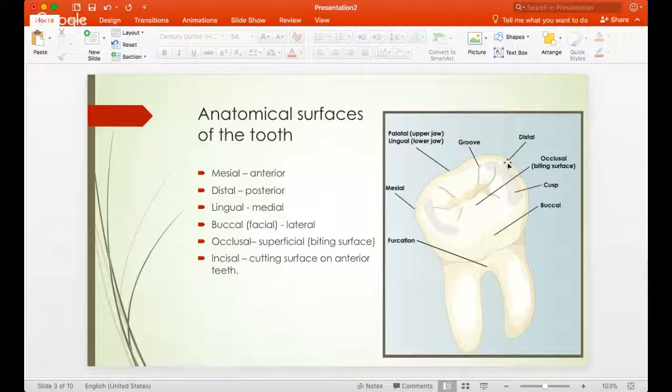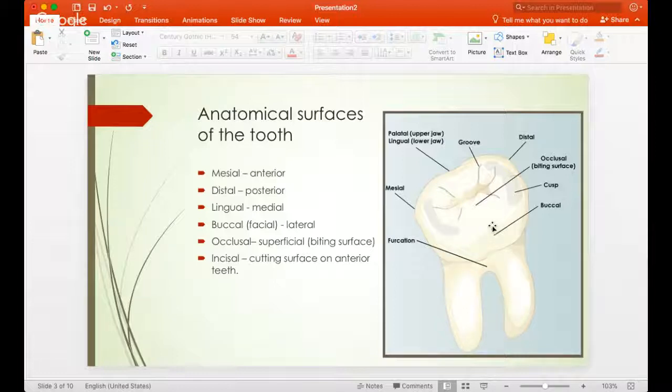The distal, in contrast, is the posterior side, and the lingual is the side with the tongue, so it's going to be more medial. The lateral side is called the buccal or even facial surface, so it's going to be closer to the cheek.